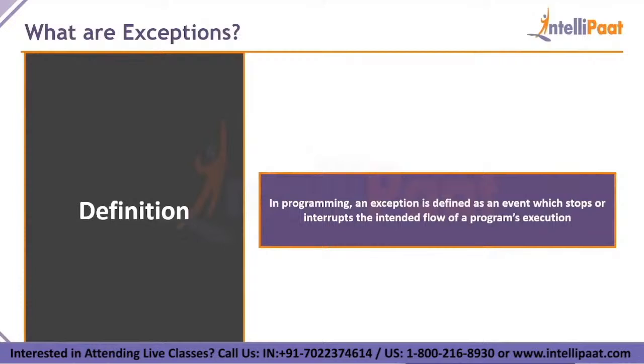So anything that comes in between, anything that occurs out of the blue, any exception, so to speak, any error that happens that is unaccounted for will totally interrupt your flow, and that is called an exception. And we need to deal with that in a programming sense because otherwise we can break our applications.